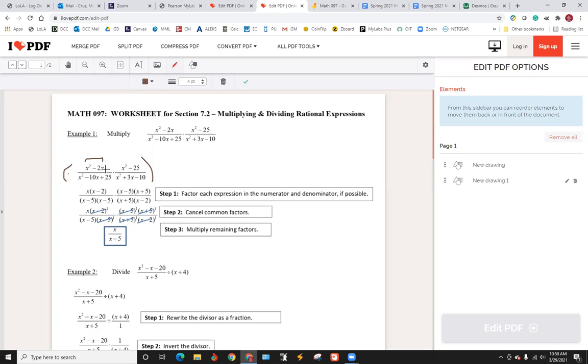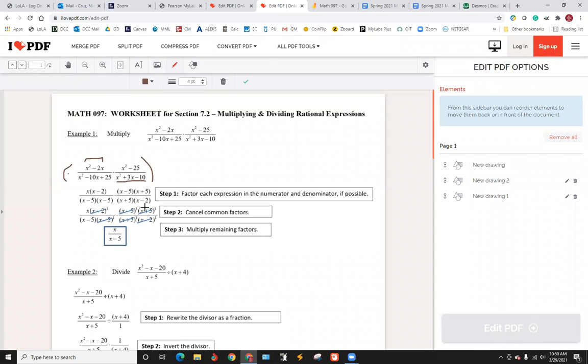Now, x minus 2 is not going to go into 25, so it's not going to work there. But the 2 goes into negative 10 5 times, so there's your 5 right there, x plus 5. So this one right here factors as x plus 5 times x minus 2.